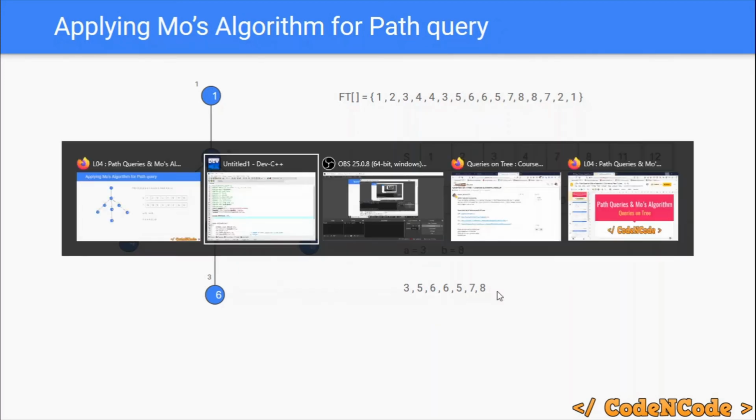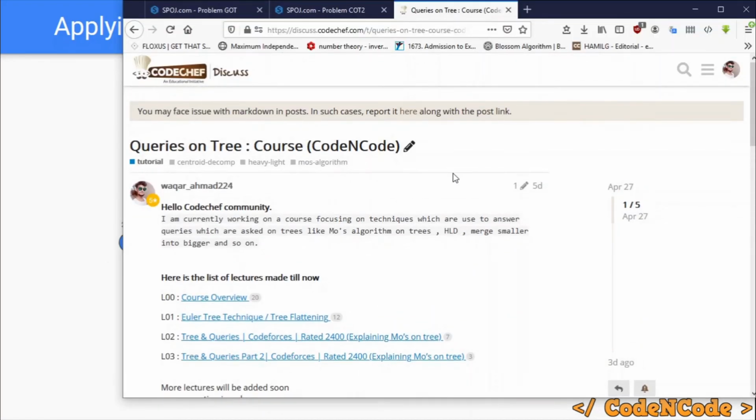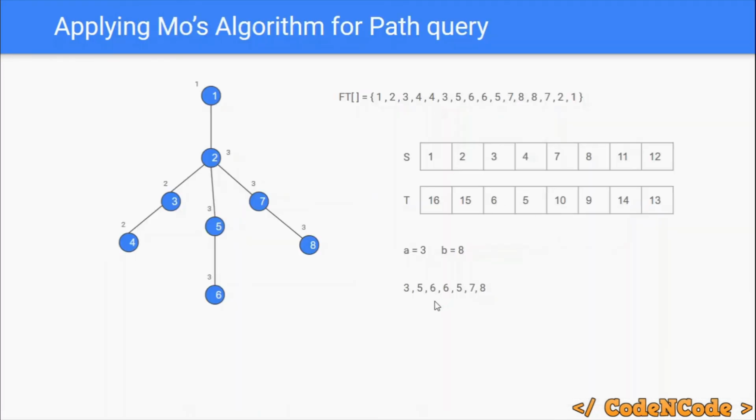You have to tell on discuss.codeshift.com, the article that I've created for this course, why the LCA would never appear from terminating time of A to starting time of B. Just take some examples, and you would find the answer considering the flattened tree. This is what you have to tell.